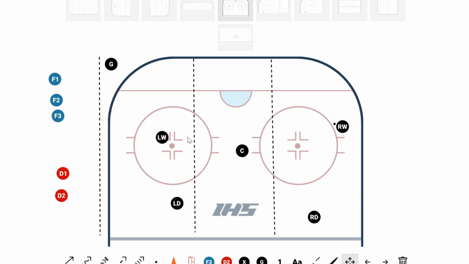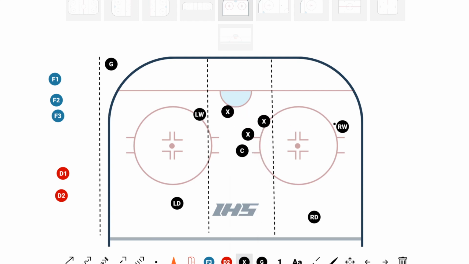And your left wing says, okay, well, I only want to be on the left side of the ice. And someone said, get close to the net. So they get close to the net. They're on the left side of the ice. They don't want to go anywhere else, so they just park themselves right here. And the opponent, they're going to have a couple defense, maybe like this, maybe like this, and this.